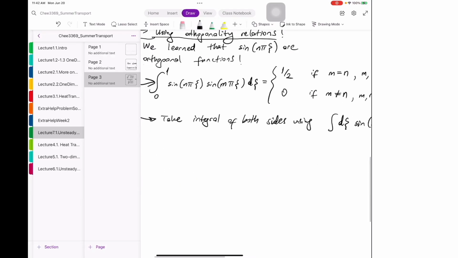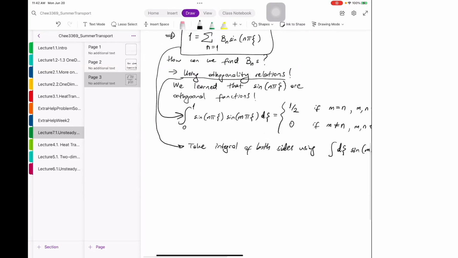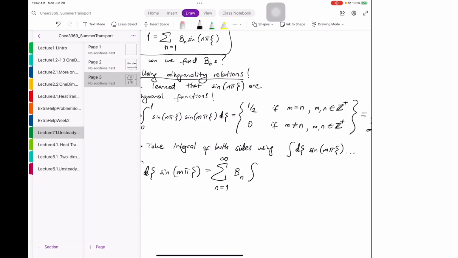Okay, and on the left hand side, we get integral d psi sine m pi psi is equal to sum from n equals 1 to infinity b_n integral d psi sine m pi psi sine n pi psi.